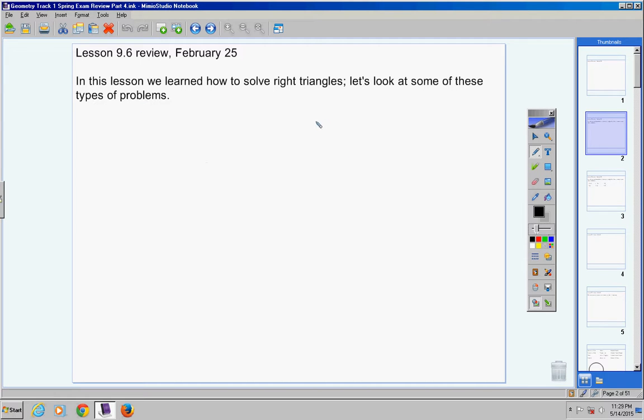If you know two angles, I would write this down. If you know two angles, find the third first. That's the first thing you do.